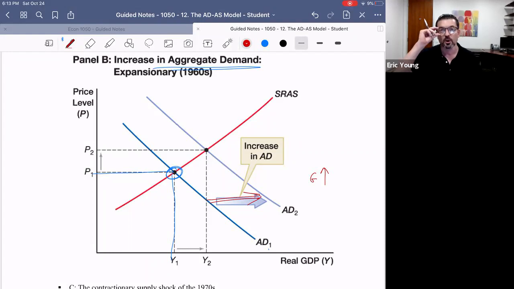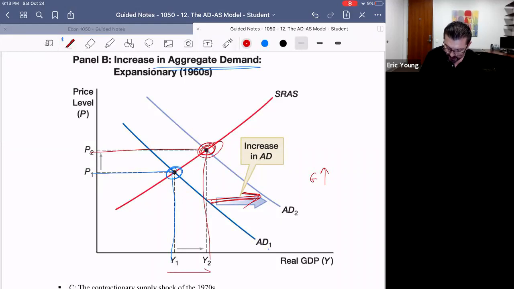If you're curious, you can go back and take a look at year by year numbers of the deficit and debt and take a look at the impact that these policies had on our country's deficit and debt. But anyway, G went up, shifting AD to the right, which brings us to a new equilibrium.